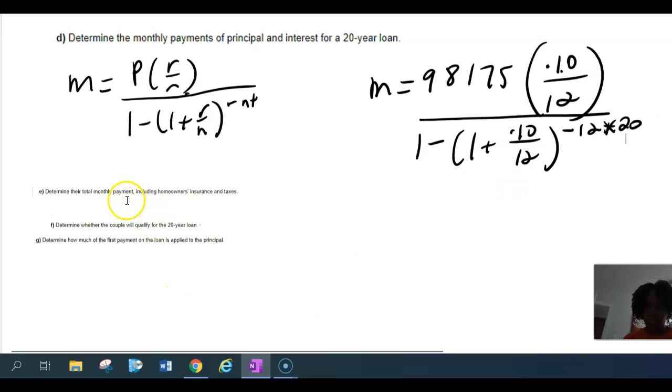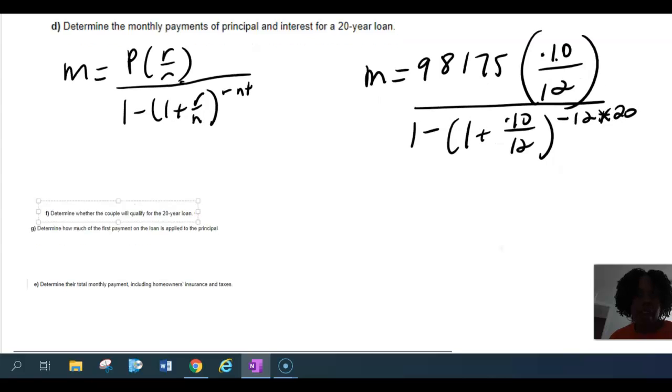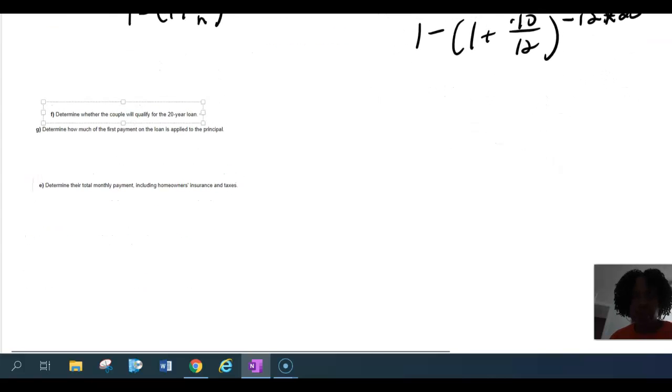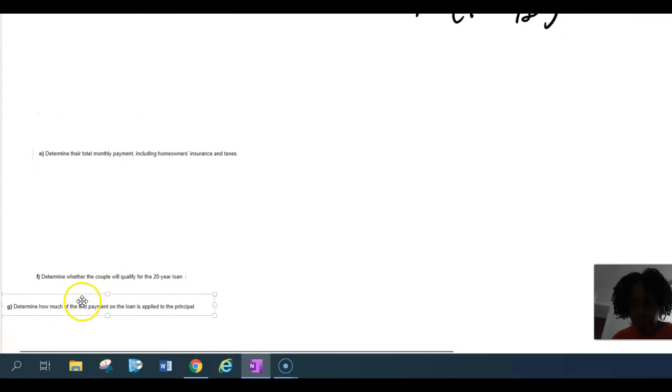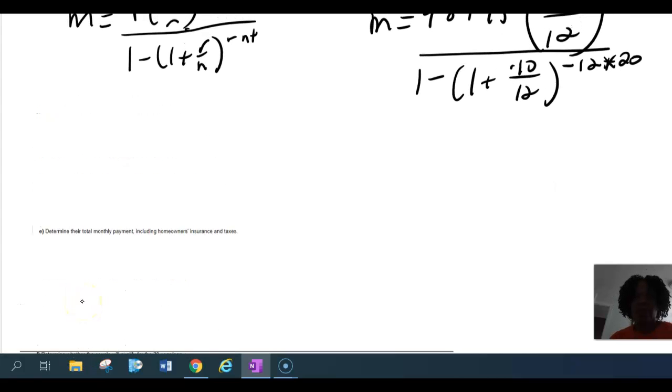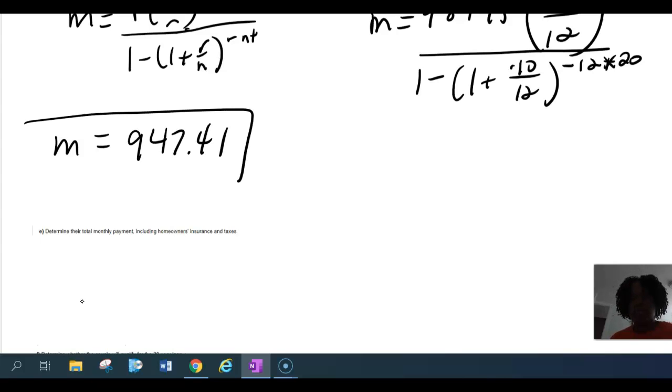Do this computation. And we find that the monthly payment, after you put this in your calculator, is going to be $947.41. That's what you should get.